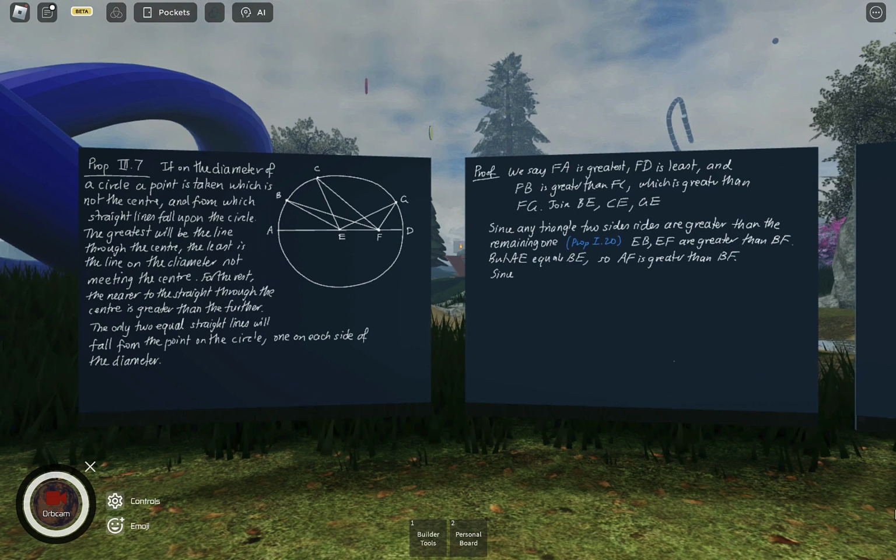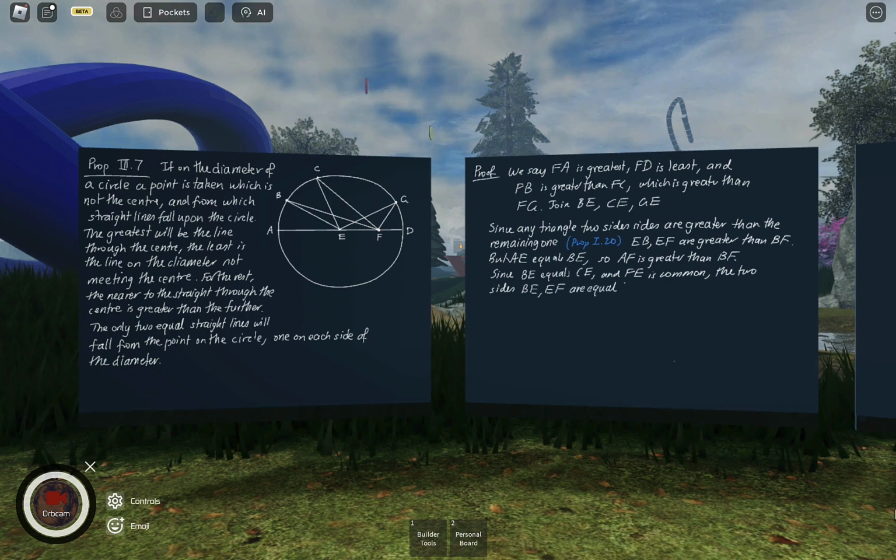Since BE is equal to CE, and FE is common, the 2 sides BE, EF are equal to the 2 sides CE, EF.